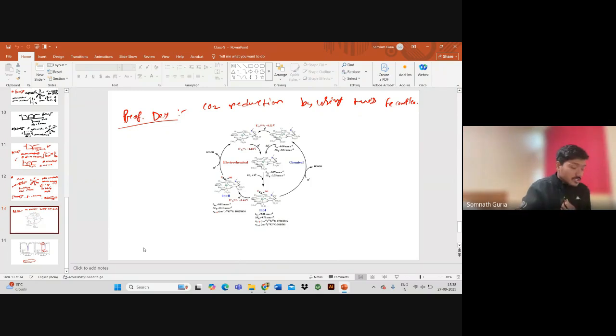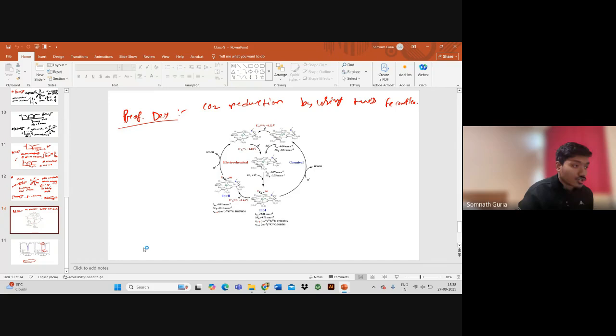So last session we discussed one particular example from Professor Das's group. They took a catalyst with an iron chlorine system, which has an iron 2 system, and the iron 3 system takes one electron to generate the one-electron reduced species.